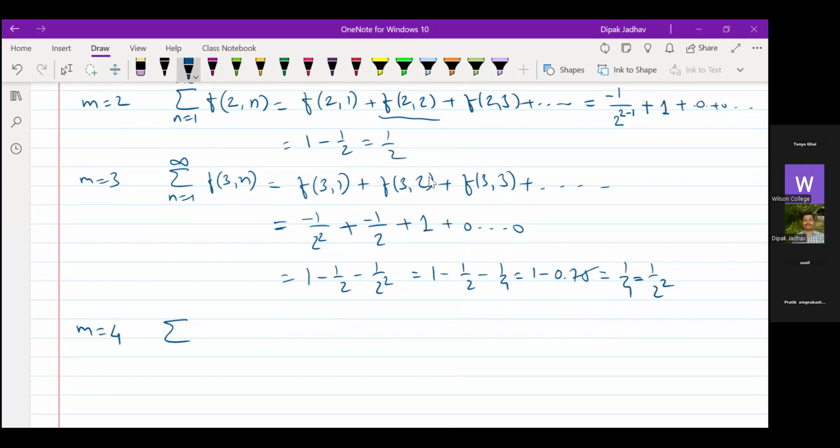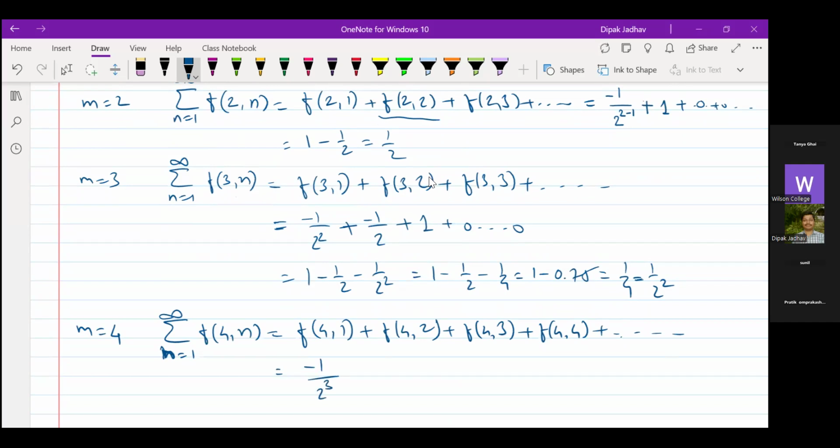Let's see what happens if m is equal to 4. So, n from 1 to infinity, f of 4 comma n. F of 4 comma 1 plus f of 4 comma 2 plus f of 4 comma 3 plus f of 4 comma 4 plus and so on. The first term will be minus 1 upon 2 raised to 3. Now we already guessed the pattern: minus 1 upon 2 raised to 2, minus 1 upon 2 raised to 1, plus 1, plus 0, 0, 0 and so on.